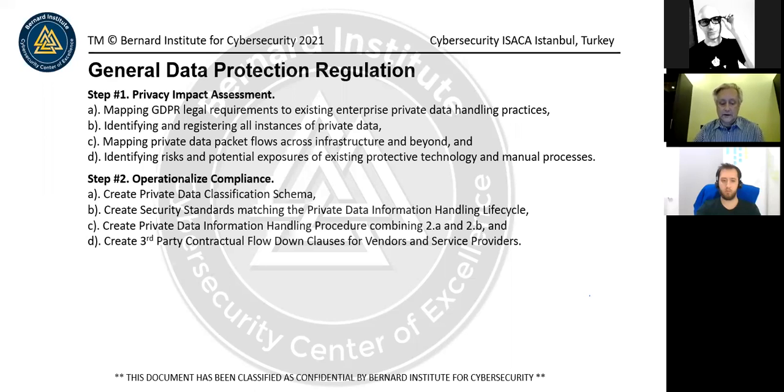And then of course, D, creating flow down clauses. So, taking a look at your vendors and service providers, and if they handle personal information or touch the systems that handle it, making sure that they're following the rules and that they're not doing anything that's going to create a breach.